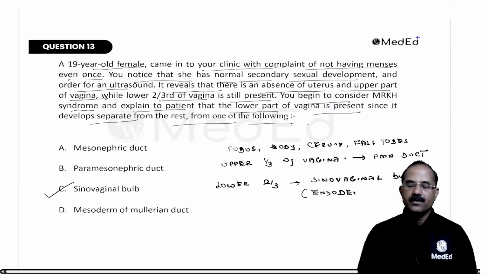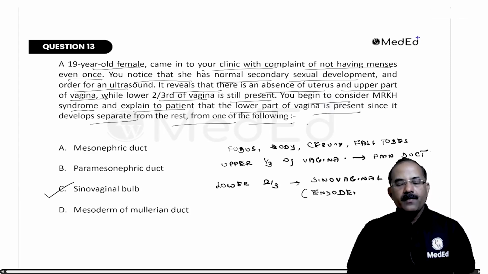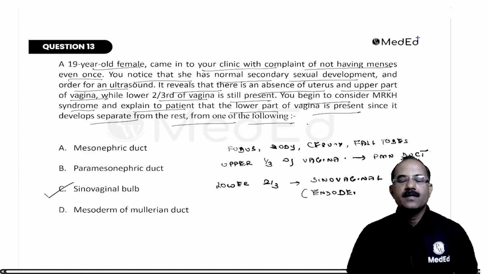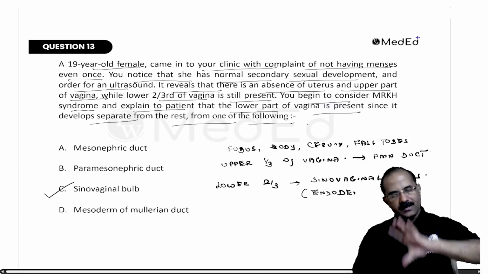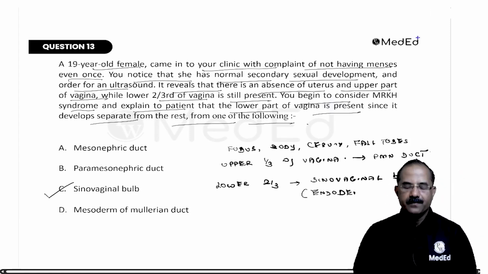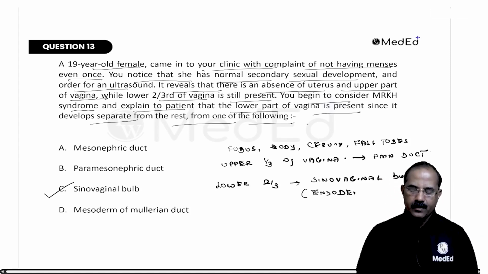Perfect? Okay. So this is derived from the paramesonephric duct and this is derived from sino-vaginal bulbs. Okay, fine.